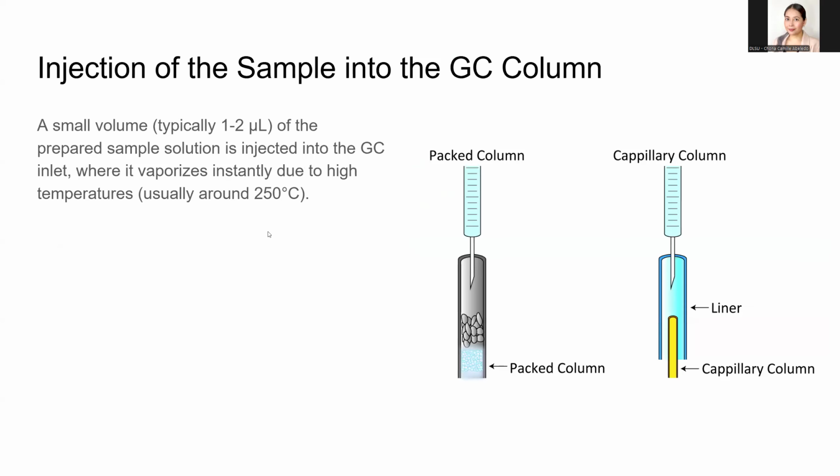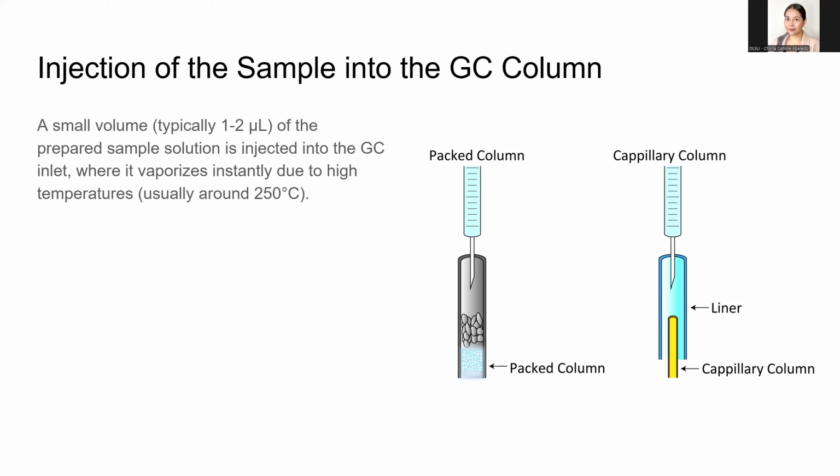From there, we move on to the injection of the sample into the GC column. So this is when your sample is introduced into the GC system where it is vaporized. The injector port is maintained at a high temperature to ensure that the sample becomes a gas. The inert carrier gas then transports the vaporized sample through the system.